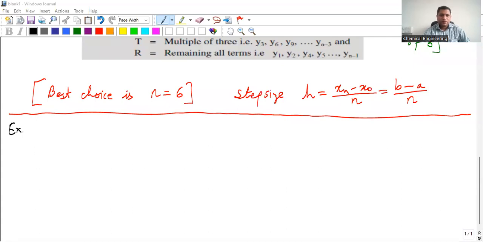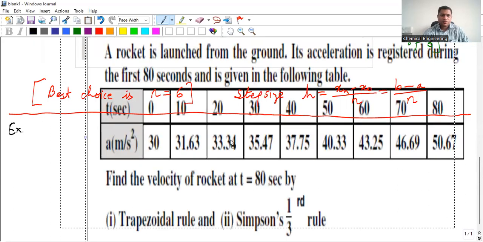Let's have the example. Are you able to see this?